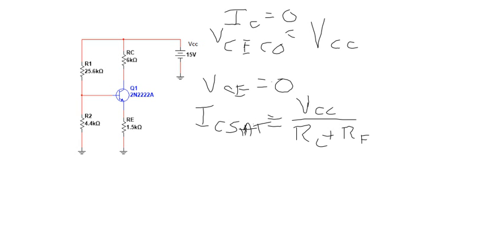I'm not going to write the numbers out because we did it in the previous video, but it's 15 volts supply, 15 divided by 6 plus 1.5. 6 plus 1.5 is 7.5 K, and dividing that into 15 volts will give me 2 milliamps. So that's my saturation current. That's the top left end of my load line.